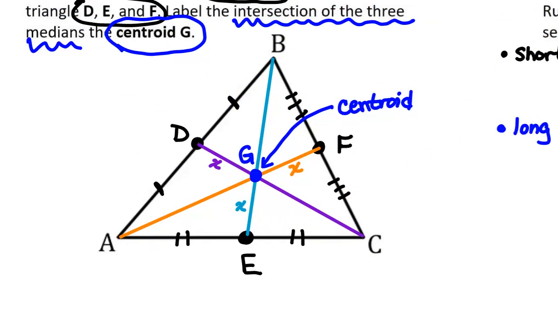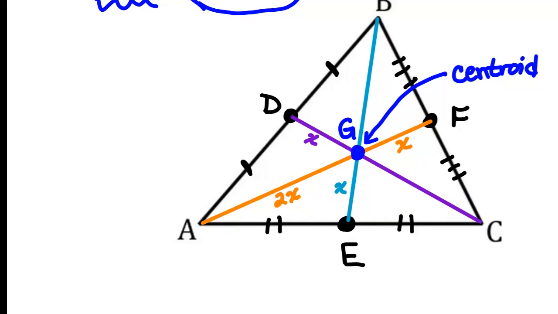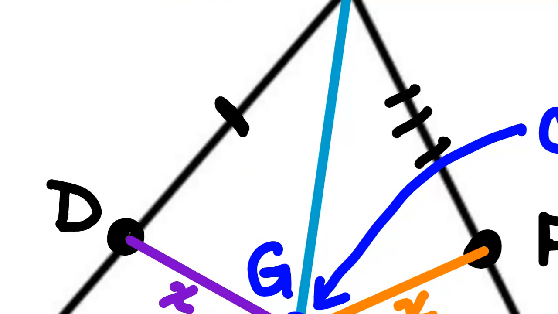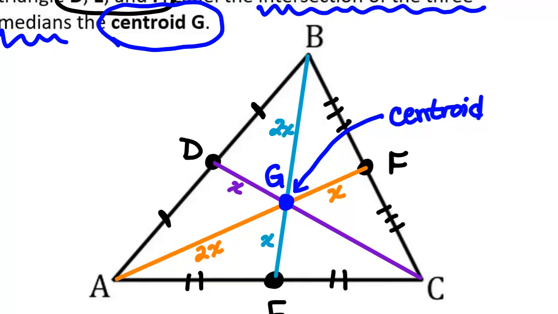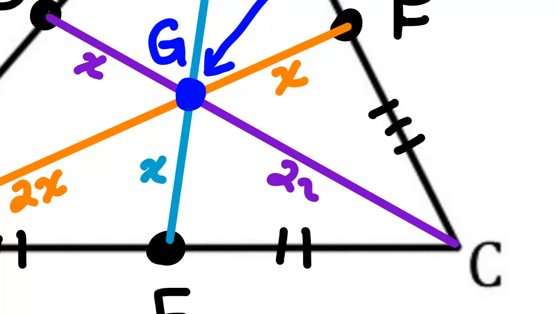So when I look at this orange one from A to F, centroid to the midpoint, centroid to F is X. From G to A is 2X. It's twice as big. From G to E is X. So from G to B is 2X. From G to D, because D is a midpoint, that distance is X. From G to C is twice as big. So that is 2X.